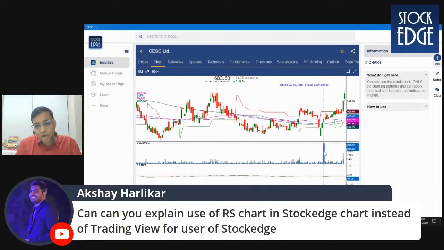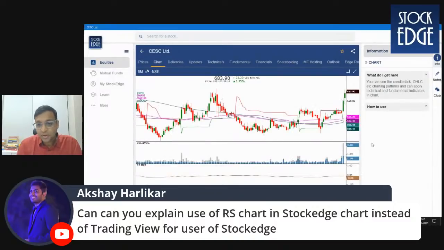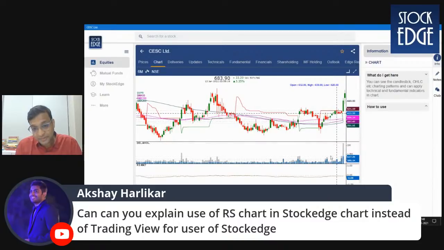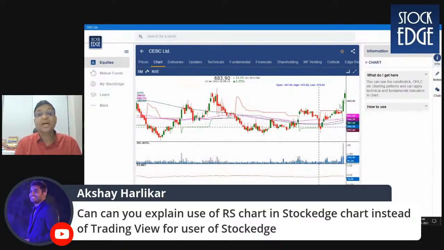So if you see this stock, although there has been delivery based buying, let us convert this into NSE. If you see the last 2 days, there is volume as well as delivery based buying in this stock. So logically this stock should start performing now because people have entered with decent delivery.